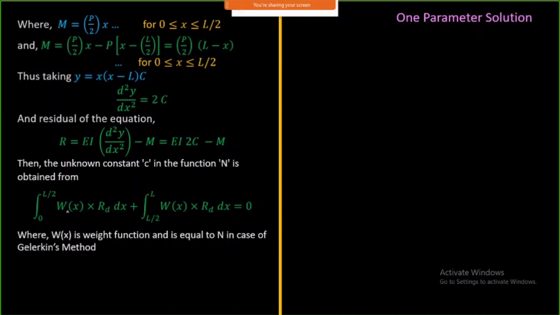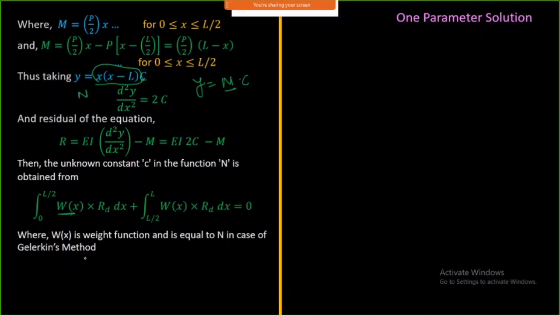In the Galerkin method, the weight function should be equal to your shape function. This is my shape function, but c is my constant, and the constant will not come in; the rest is my N. So my equation is N into c, and N is nothing but x into (x minus L).